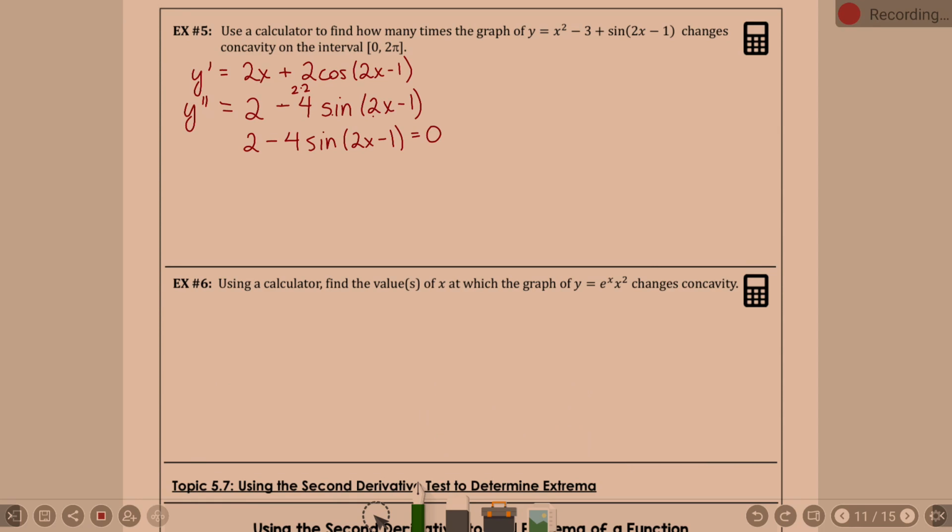So we're going to graph our second derivative.